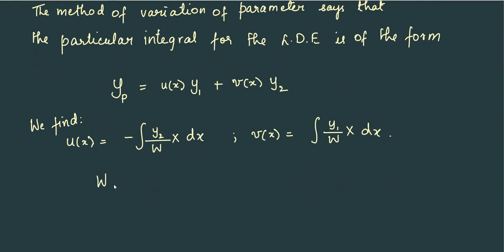Now W is called the Wronskian. W is equal to the determinant of y1, y2, y1 dash, y2 dash.